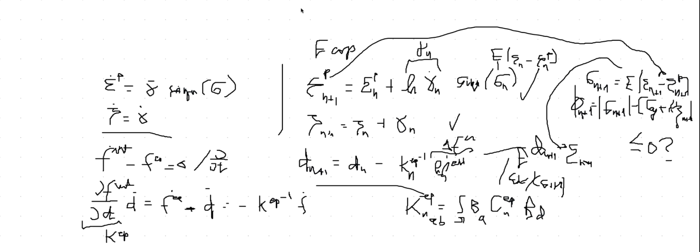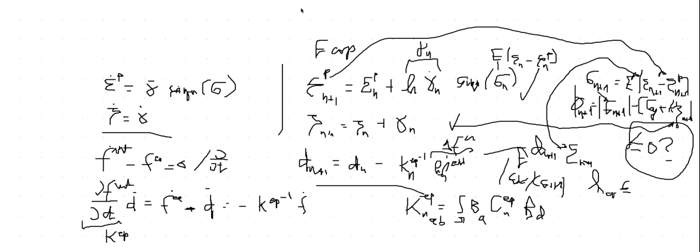These two equations have nothing to do with one another. Then I plug this in here, and I compare this against the value psi n plus 1 that I computed from this equation. Again, the third equation has nothing to do with the other two. So it was wonderful that I could use the explicit scheme because nothing stops me from computing anything I need. Less wonderful, I cannot be sure that this is less than or equal to 0. Basically, you recall there was a critical time step when I have an explicit scheme, less than or equal to 2 divided by lambda critical, being the eigenvalue of this matrix.